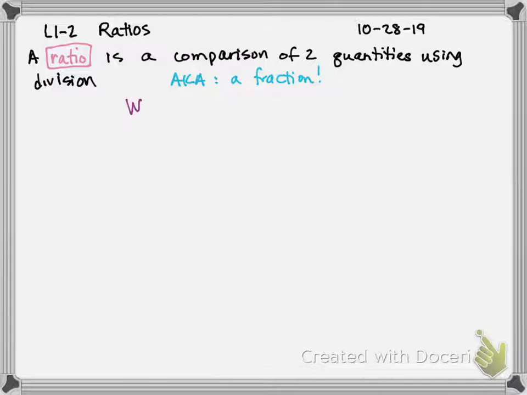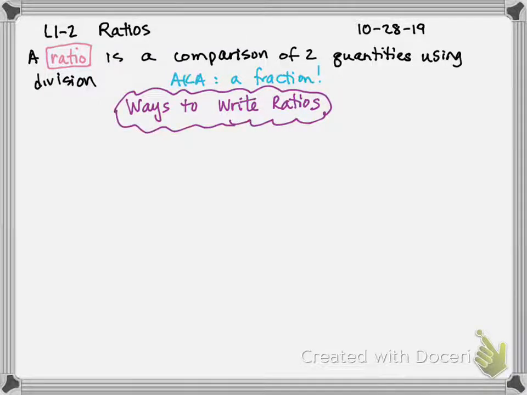So ways to write ratios. We actually have 3 ways, one of which is a fraction. But let's have an example here. Let's have some oval shapes, and let's have some x's.